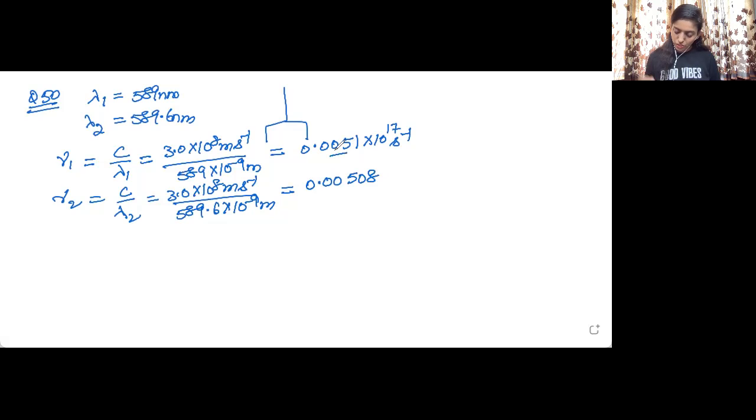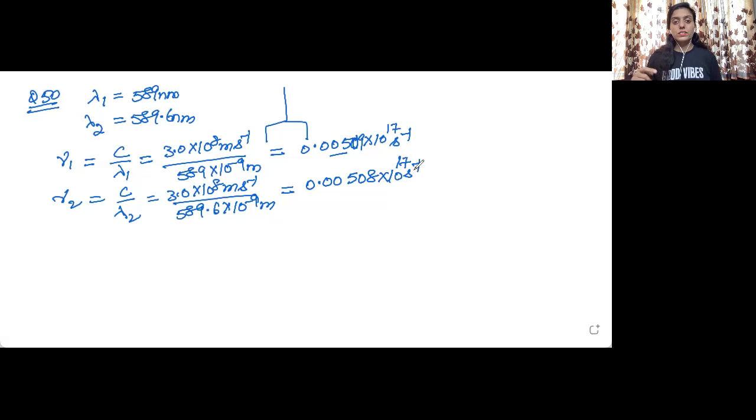Here also we need to take the next decimal place so that the difference does not come out to be equal to 0 when we calculate the difference between the energy. So we can just take it as 509 multiplied by 10 raised to the power 17 per second.